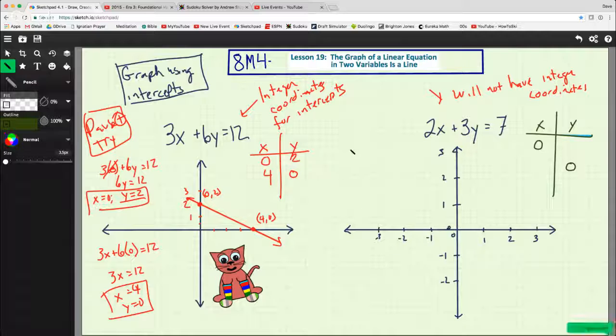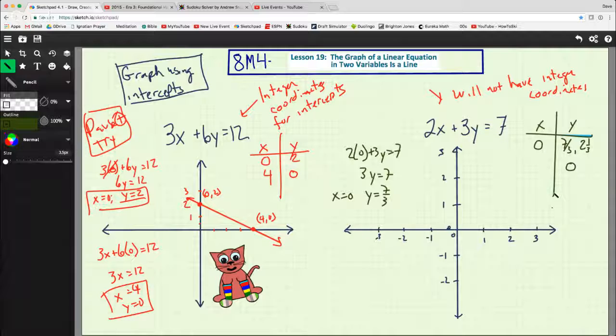So we're going to say, well, 2 times 0 plus 3y equals 7. 3y equals 7. y equals 7 over 3. So when x is 0, y is 7/3, or 2 1/3. Same thing.